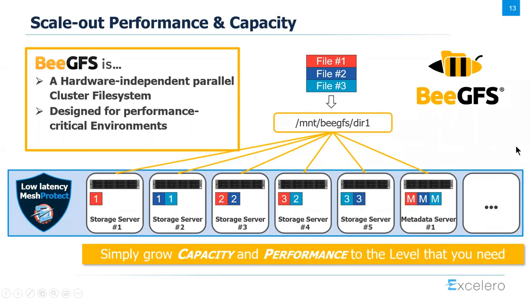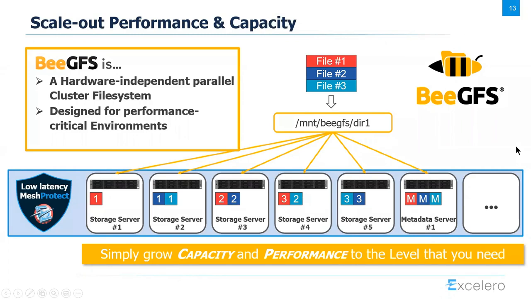So essentially, it clusters together a large number of storage servers and pools all the resources of those storage servers to provide both capacity in storage and bandwidth. Each storage server will have one or more network interfaces, and the global aggregated bandwidth of your BeeGFS cluster will be the sum of all your storage servers.